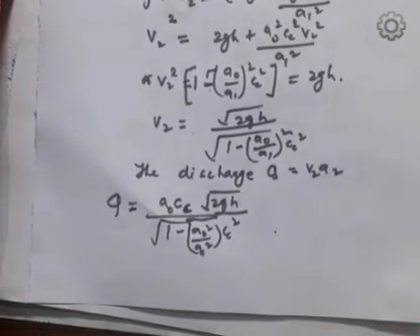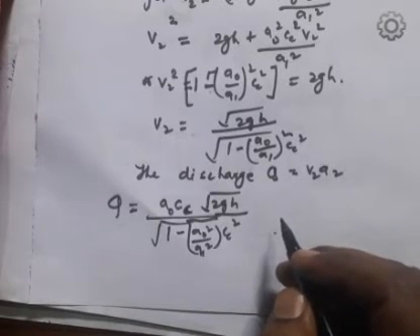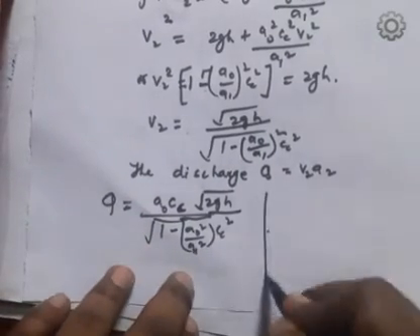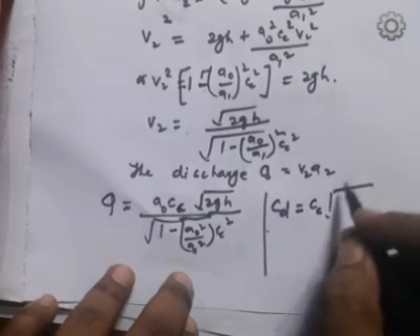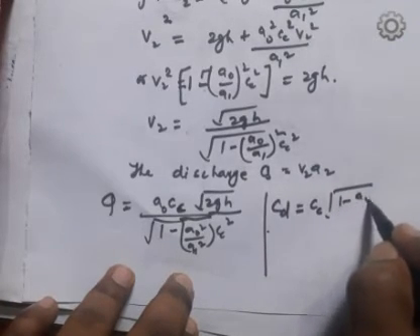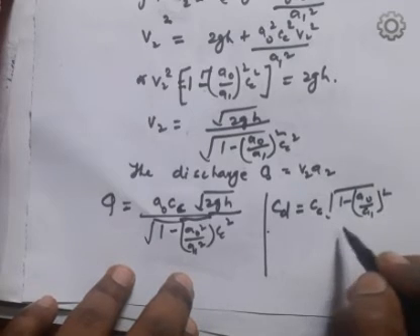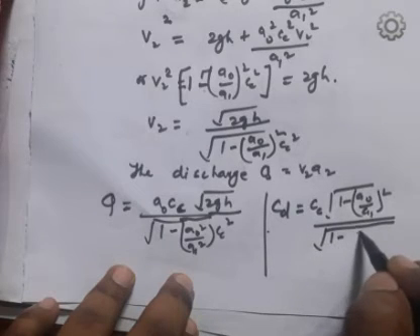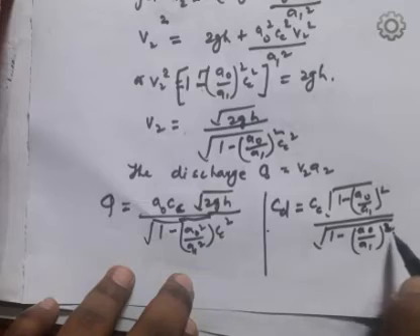The above expression is simplified by using CD is equal to Cc root under 1 minus A naught by A1 square divided by 1 minus root under 1 minus A naught by A1 square into Cc square.